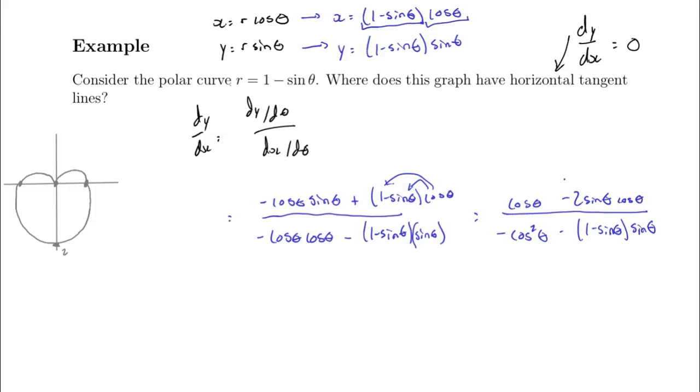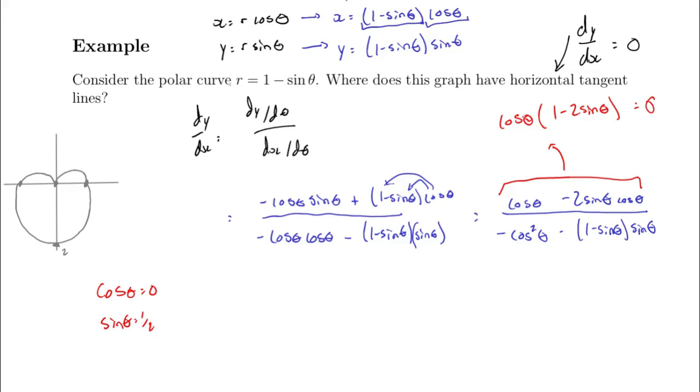Okay, so in the numerator, you can notice that this really becomes cosine theta times 1 minus 2 sine theta. And then if we set this equal to 0, it becomes pretty easy to see what's going to happen. When we set this equal to 0, that means cosine theta is equal to 0, or sine theta is equal to a half.